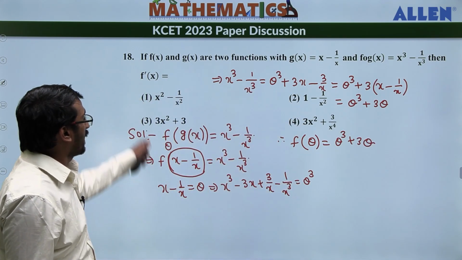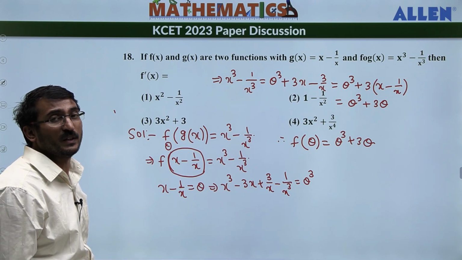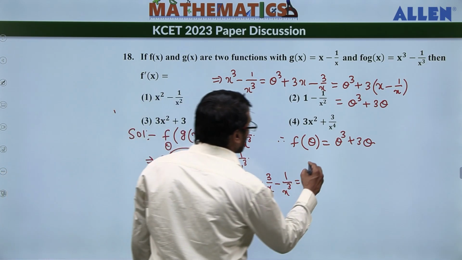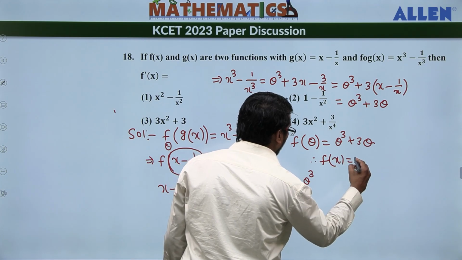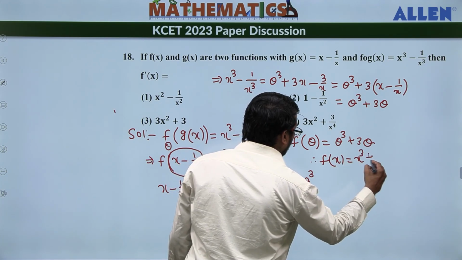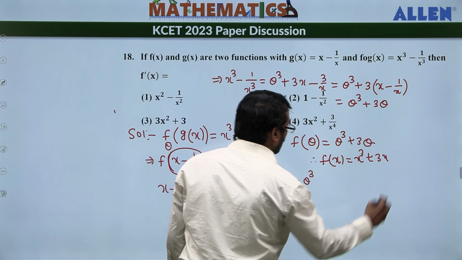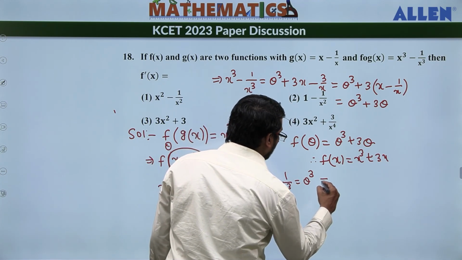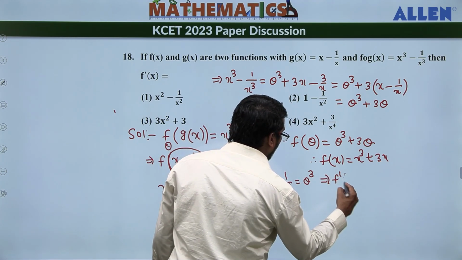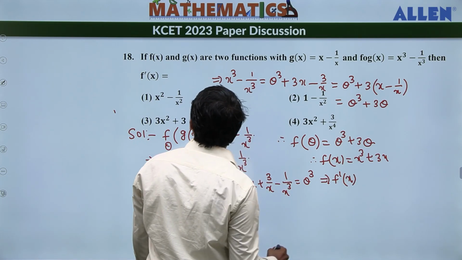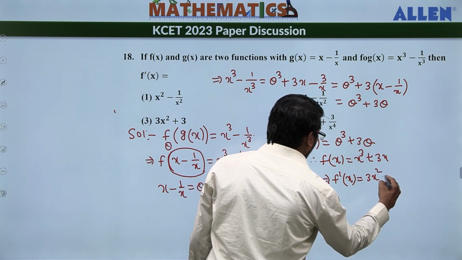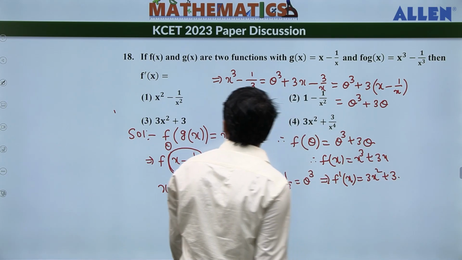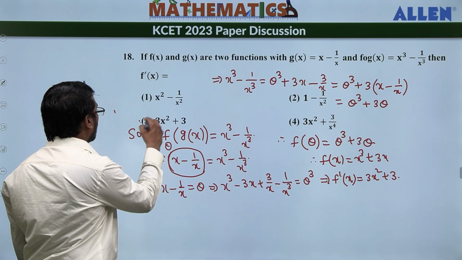But we want f of x, we do not want the answer in theta, so we will replace theta by x. x cube plus 3x. So, what is f dash x? 3x square plus 3. This is the correct option.